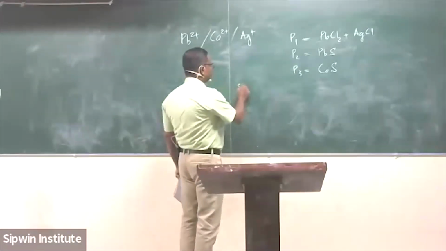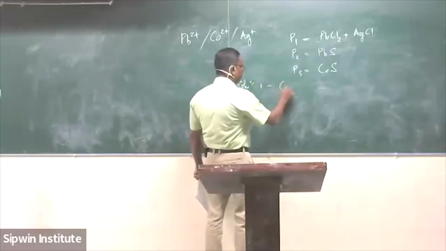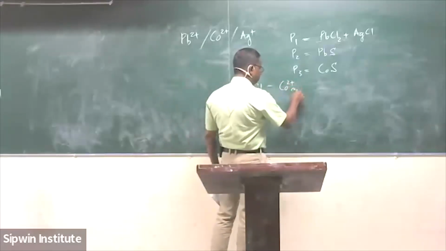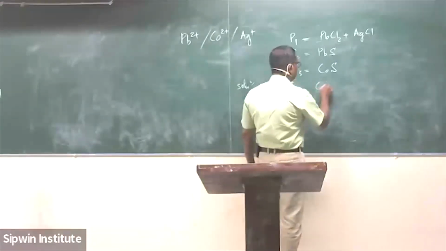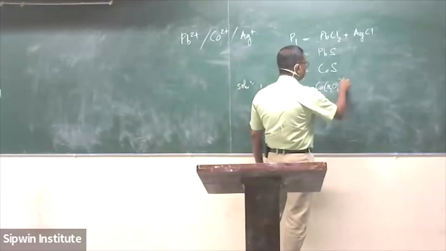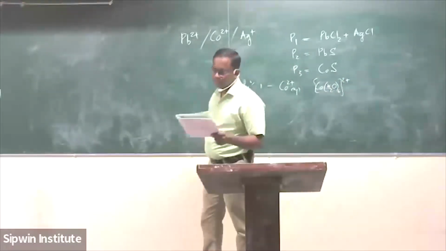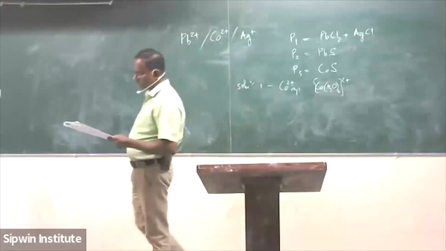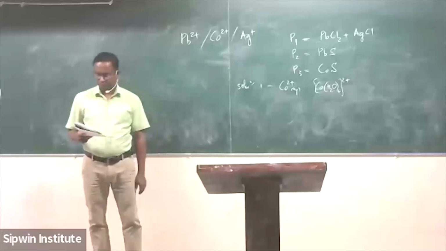Solution 1: cobalt 2 plus, this is all right. If not, Co(H2O)6 2 plus, this one is also all right. If someone wrote cobalt nitrate, that one is also all right.